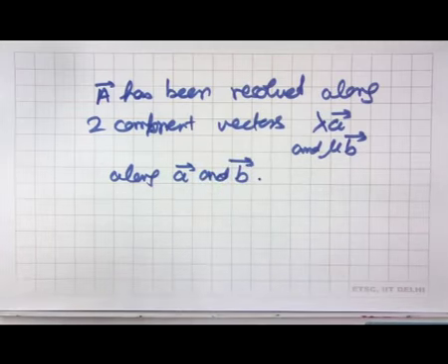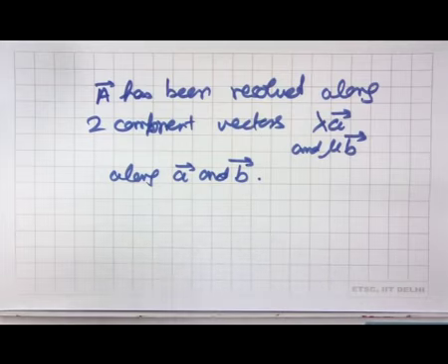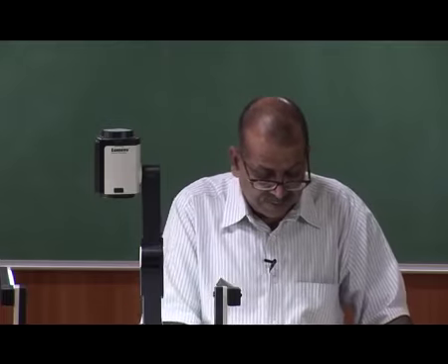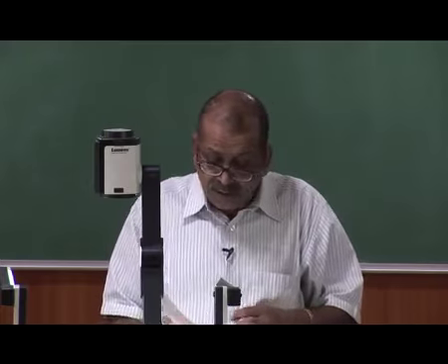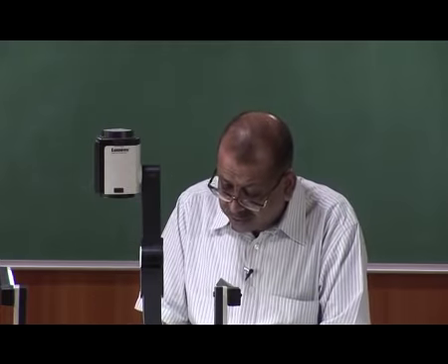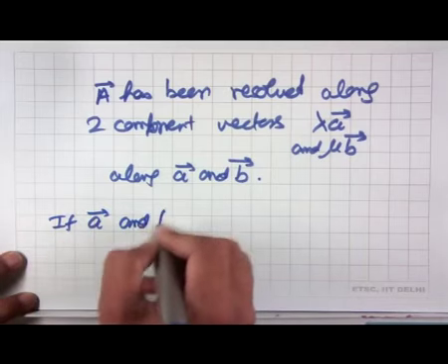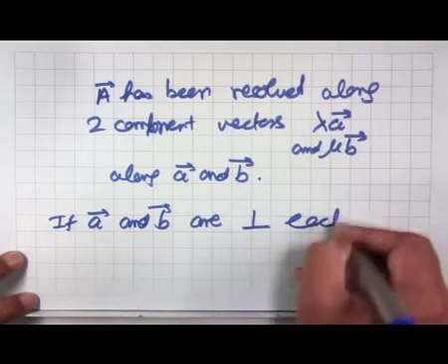Now, in general, A and B can have any orientations, but they cannot be parallel to each other. So, this is what we call resolution of vectors. Now, resolution of vector becomes more common if vectors A and B are perpendicular to each other.